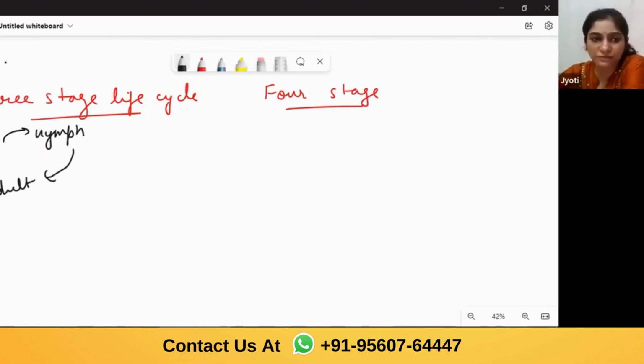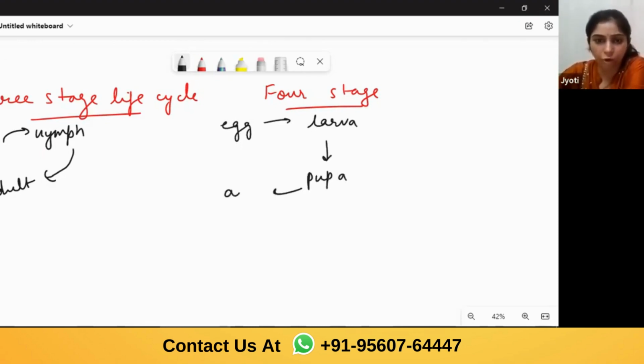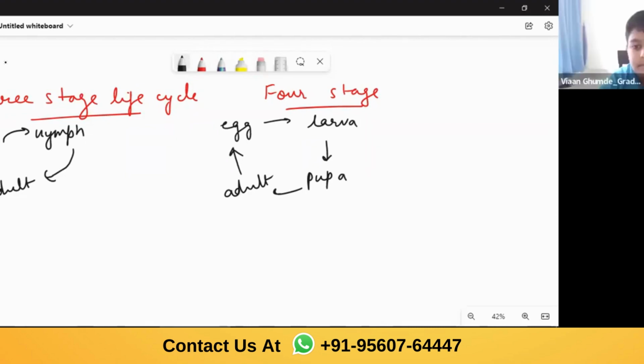Coming to the 4-stage life cycle, it will be egg, larva, pupa, adult. Always remember that. Now you all tell me, the butterfly which we are doing, is it a 4-stage life cycle or a 3-stage life cycle? Vian. 4-stage. So we can write here in this example, butterfly.